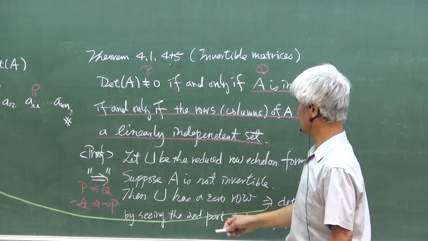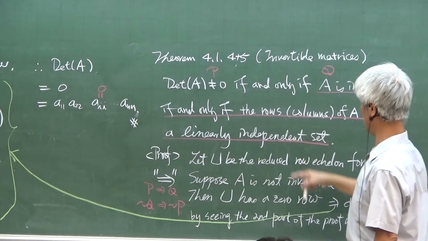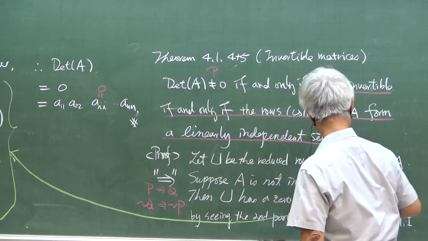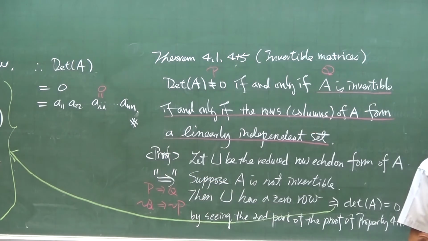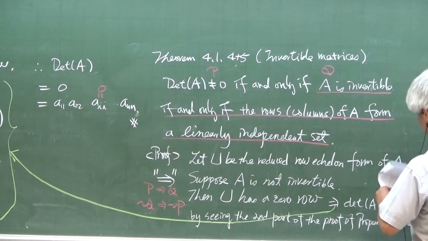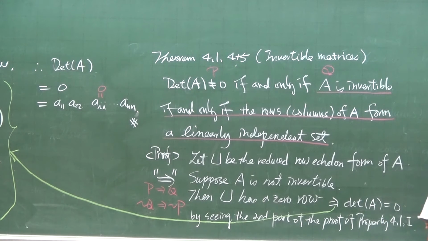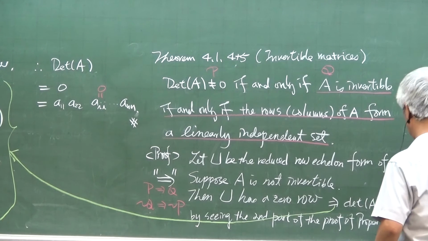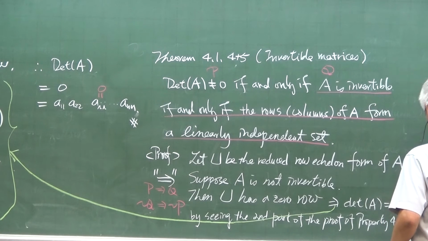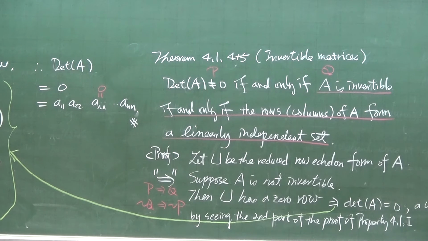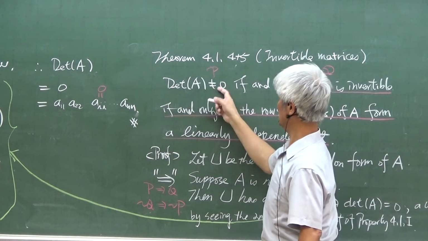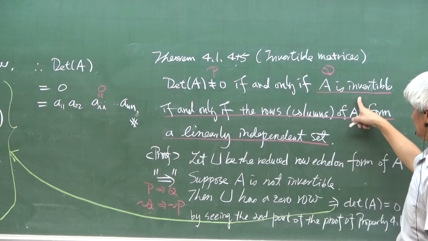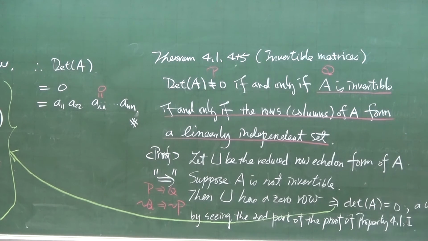So we finish because, starting from non-invertibility, we proved that the determinant of A is 0. Right? So we proved the negative P. So we finish. The other direction, you can say this is a contradiction. If you start with this one, and you assume this is non-invertible, we get a contradiction.